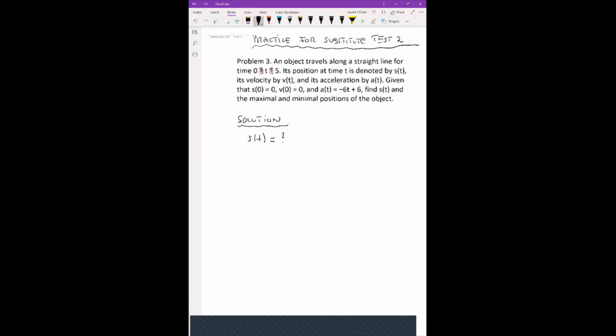And you have given the velocity. And you have given the acceleration.